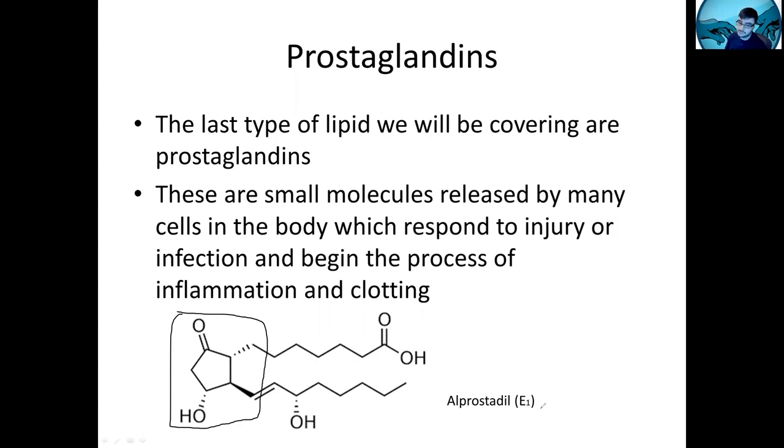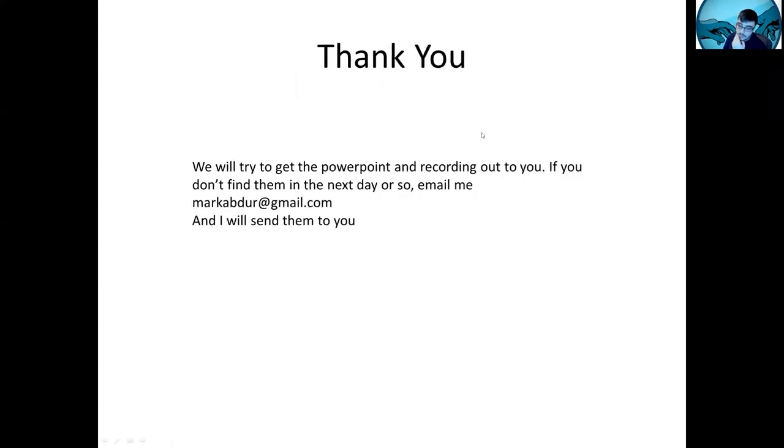This is what starts the whole inflammation and clotting process when you get injured or sick. And they're also lipids, of course.